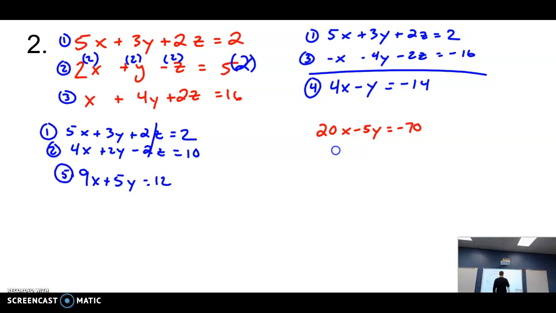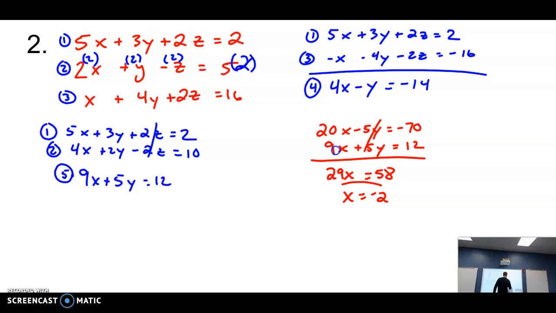And then I have my equation 5. And I get 29x equals 58. So x equals -2. Okay? So you get x equals -2.